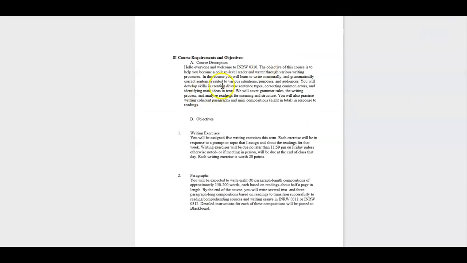Now, here's the course requirements and the objectives, the description of the course. So, really, what this course is about is to help you be able to read college texts and write as a college student. You all are college students now, right? And you're going to do several exercises throughout the course.